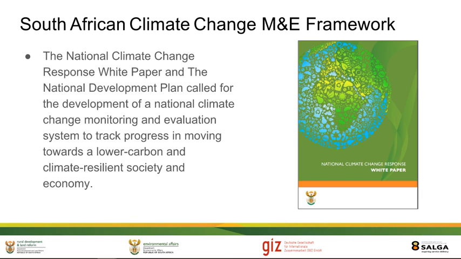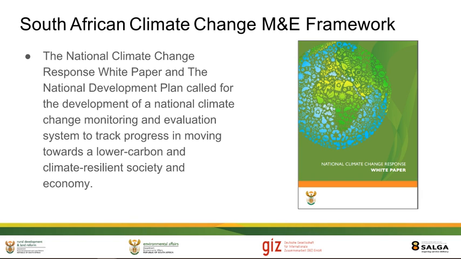In South Africa, the development of a national monitoring and evaluation system was identified as a requirement in the National Climate Change Response White Paper and the National Development Plan. The M&E system would help to track progress with the transition towards a low-carbon and climate-resilient society.